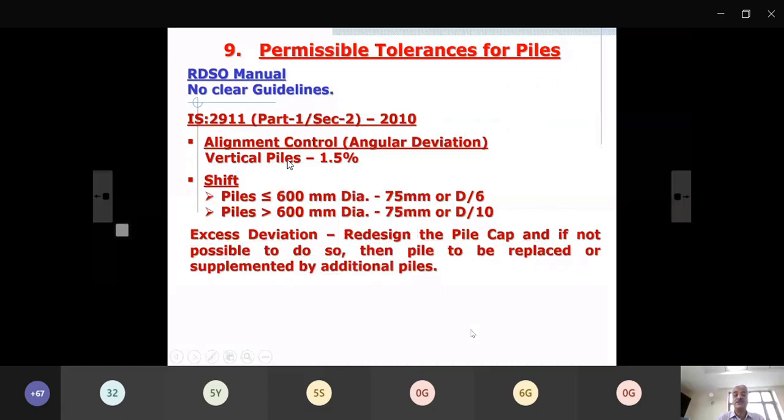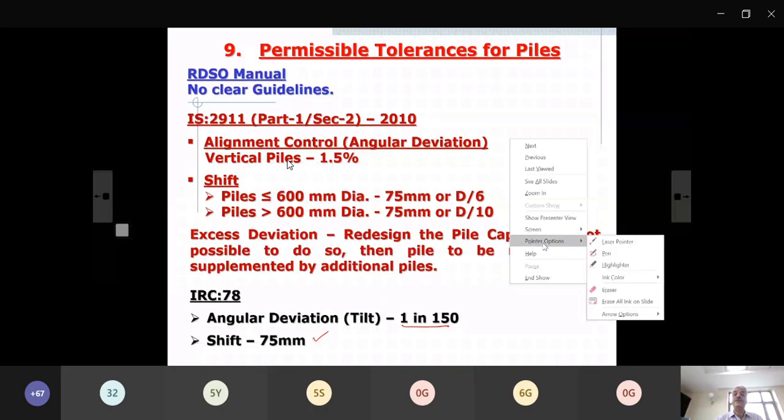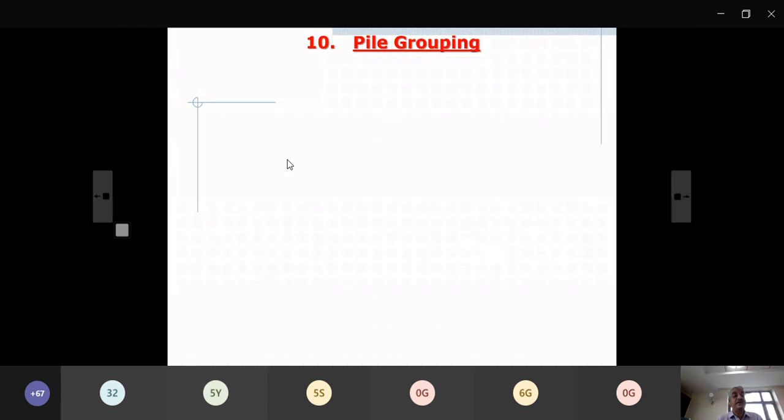So this is the IS code provision. And IRC 78 says angular deviation tilt 1 in 150 and shift 75 mm. So 1.5%, 1 in 150, and 75 mm, almost the same as IS 2911. These are the permissible tolerances.